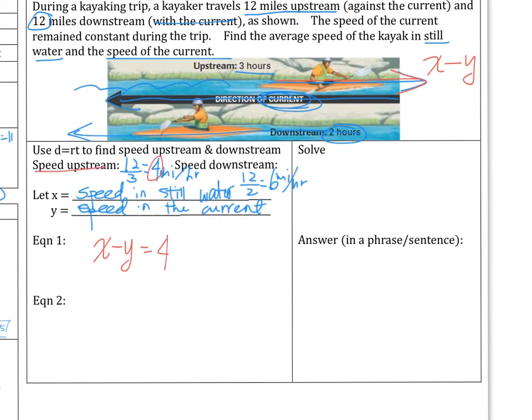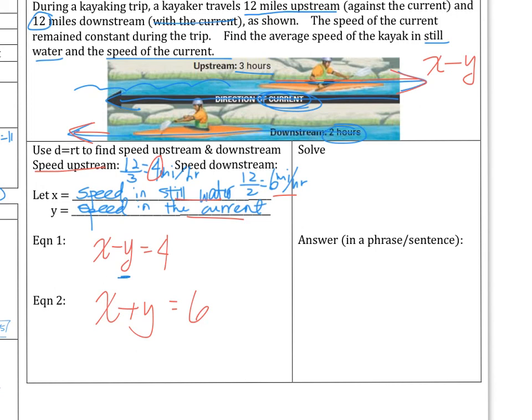And for this guy, it will be x plus y, the speed in still water plus the current. And that would equal 6 miles per hour, which is faster because the current will push you to move faster. Versus the first equation, you're going against the current, so it will slow you down.